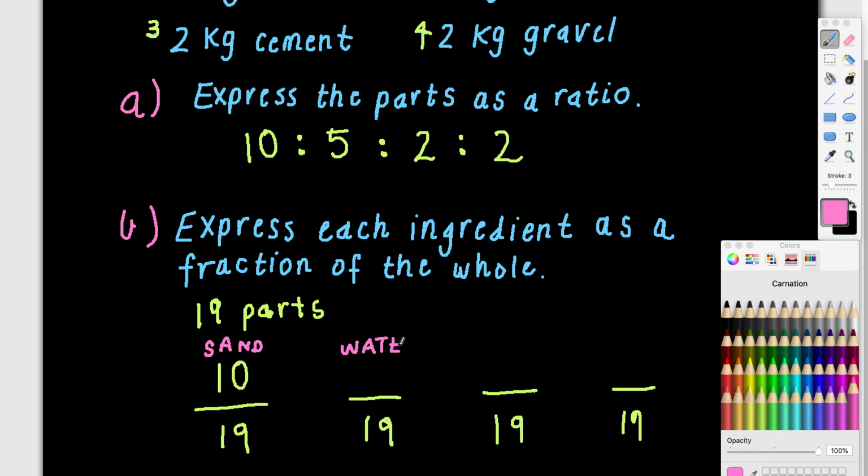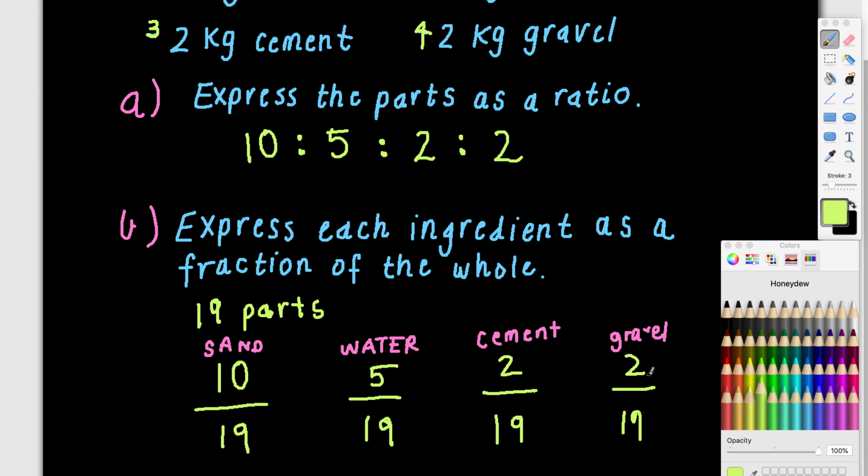We can see that there are 5 parts water, so 5 on 19. Then I've got my cement. And finally, the gravel. So just make sure when you are creating a fraction that you do look at your total parts first of all, because you do need to know what your denominator is going to be. There we go.